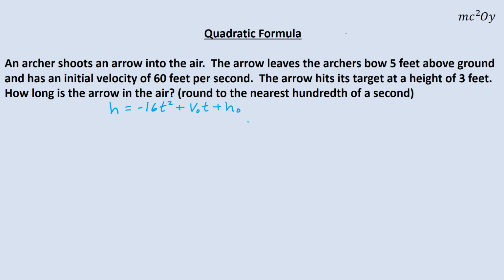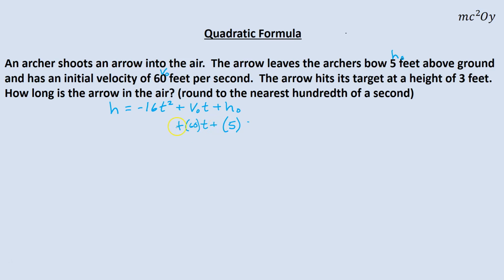Okay, and we plug in what we know. The arrow leaves the archer's bow 5 feet above ground. That means our initial height is 5. This is our h sub 0, and it has an initial velocity of 60 feet per second. Since it's going upward, it's a positive velocity, so this is our v sub 0. And so we'd have plus 60 times t.